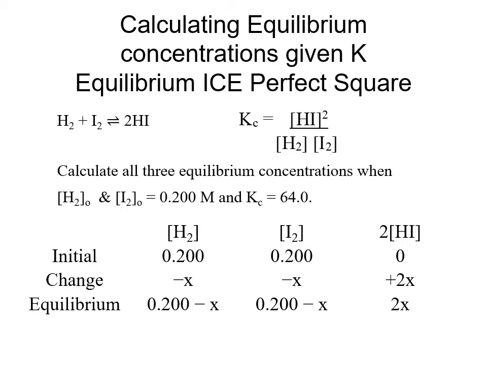So I have my initials and my change is based on stoichiometry, minus x, minus x, minus 2x. And then at equilibrium, well, what did I start with? What's my change? I put that all together, and now I have these expressions for each of my reactants and products, and I am going to plug that into my equilibrium expression.